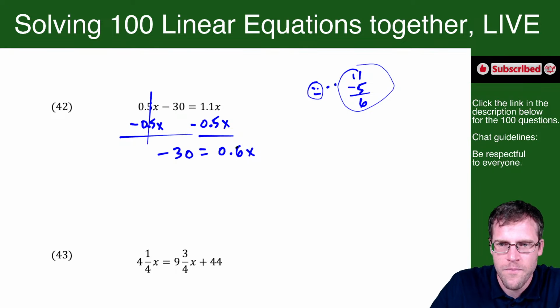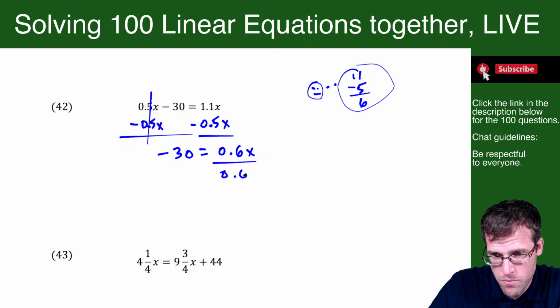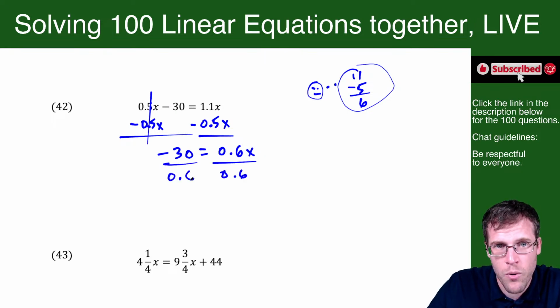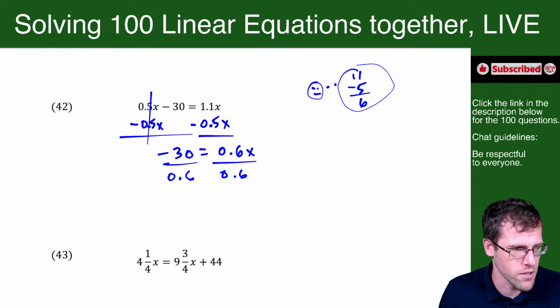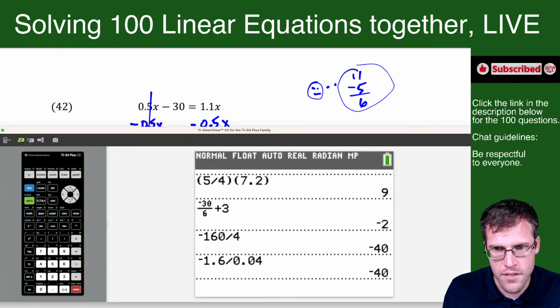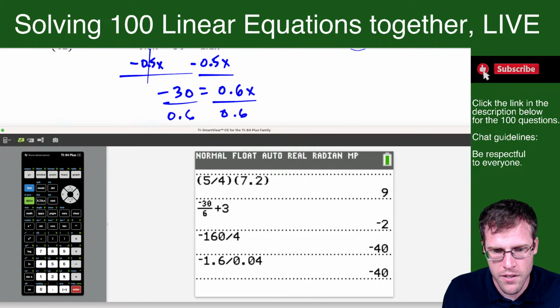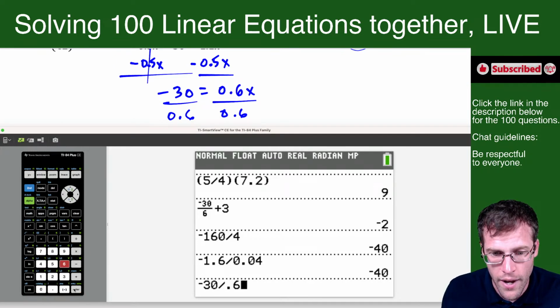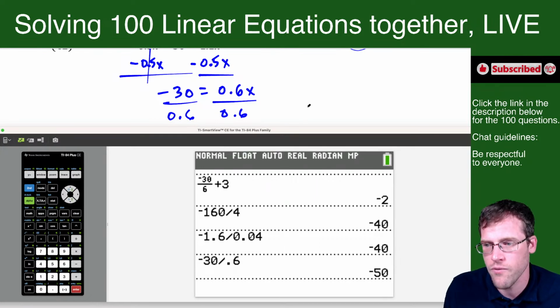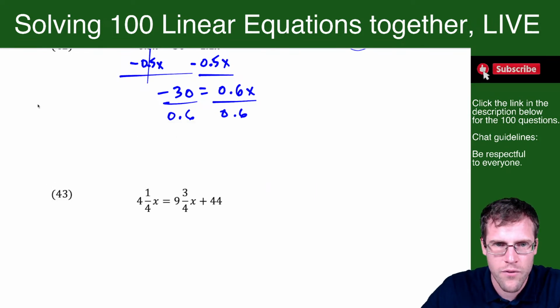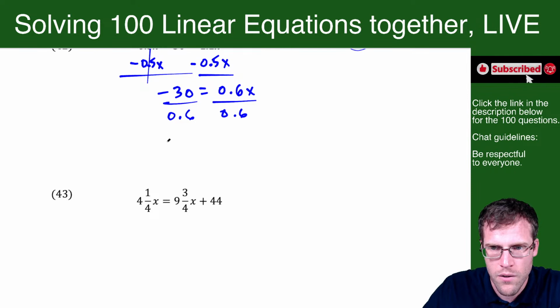Or just calculator. Divide both sides by 0.6. Remember, at any point here, we could just use a calculator and say, let's say, negative 30 divided by 0.6. We don't have to keep suffering here and just say, oh, negative 50. So that's why for 42, x is equal to negative 50.